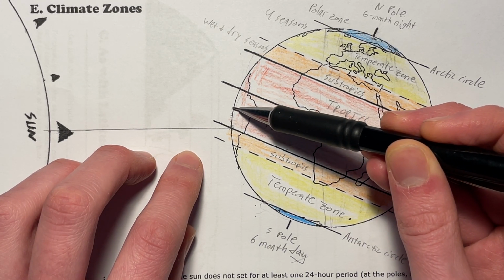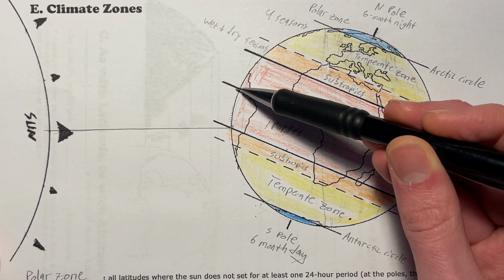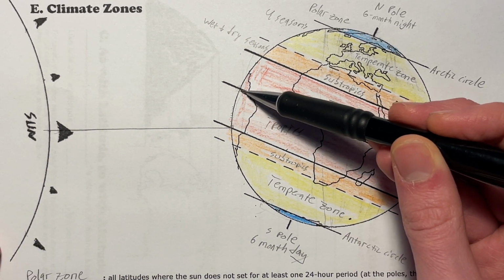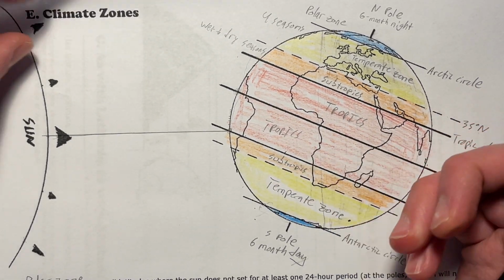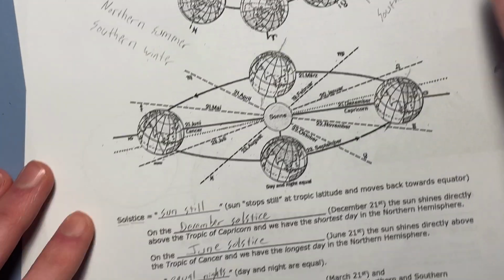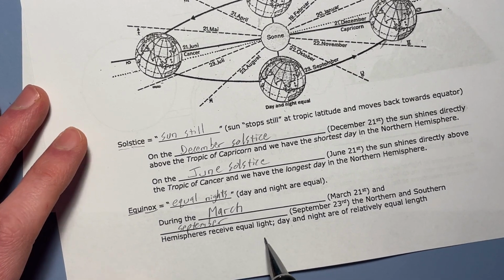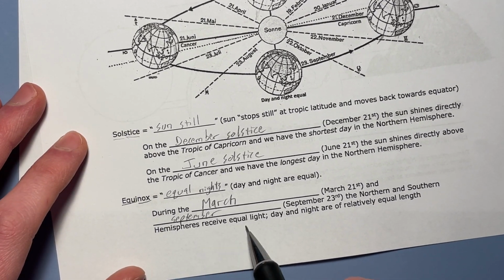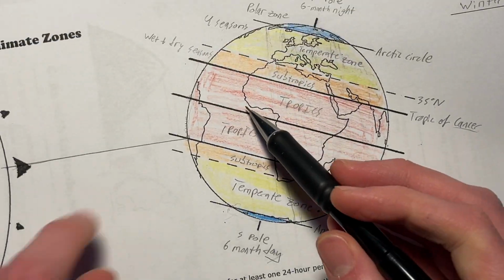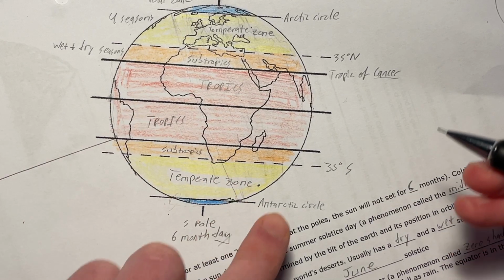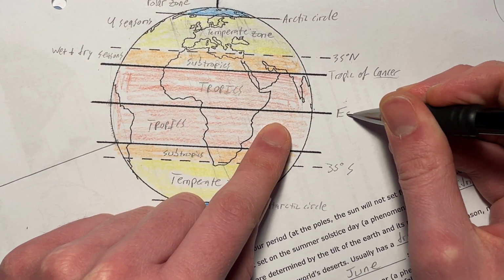All right. So on the equinox, anyone at the equator will be experiencing zero shadow day. Remember, our definition of the equinox is when the hemispheres receive equal light and the sun is shining directly over the equator. Well, this line right here is the equator. Let's go ahead and label that.